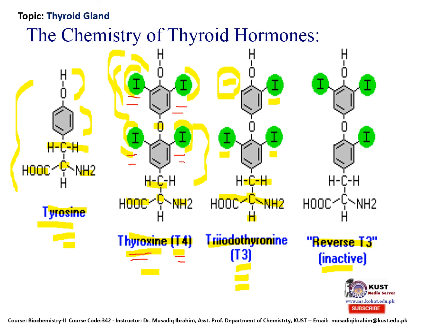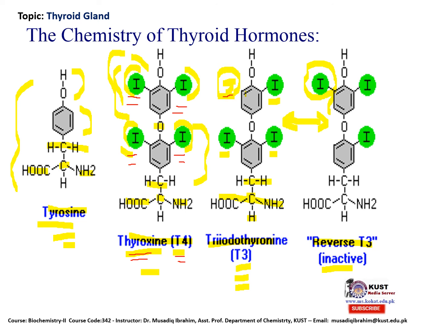And if you compare the structure of triiodothyronine, that is T3, and the reverse T3, you can see that there is an iodine atom covalently linked to the aromatic ring of the modified form of the tyrosine molecule, while in the case of T3, the active form, there is no iodine present here.